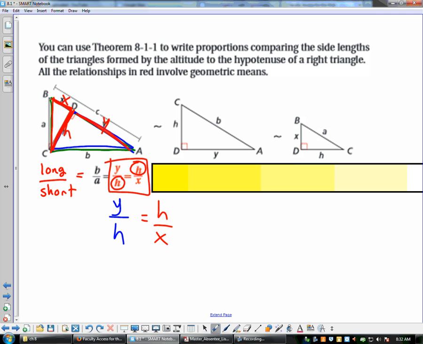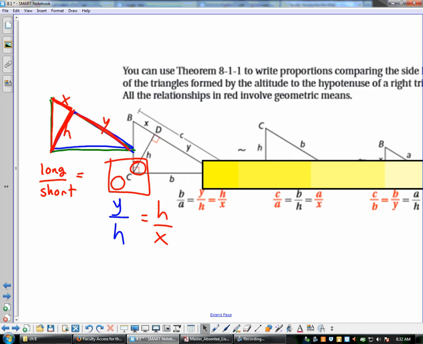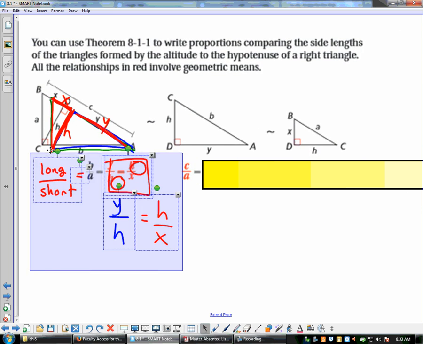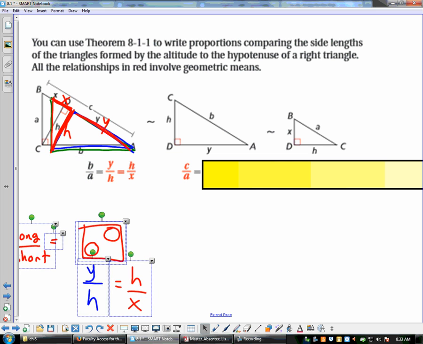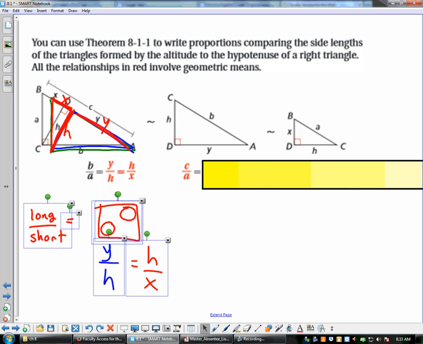All right, so let's try this with this, what else do they have? Oh, right here. Let's try C over A. That's all right. I'm just trying to move this maybe out of the way a little bit.